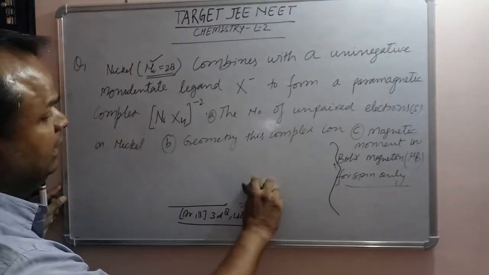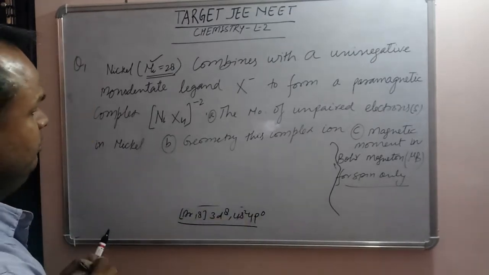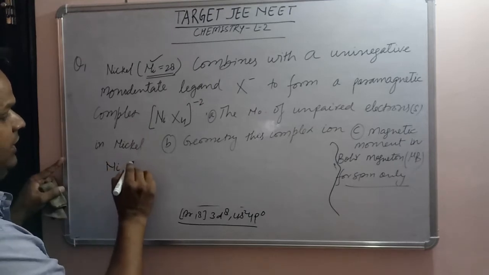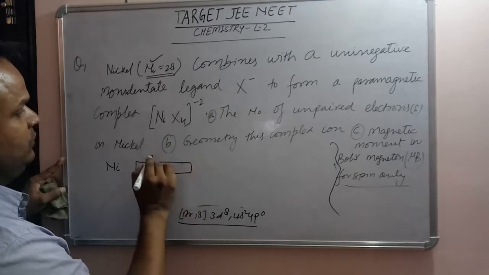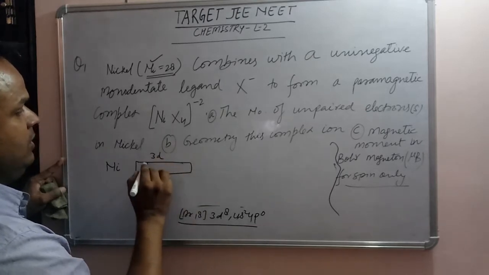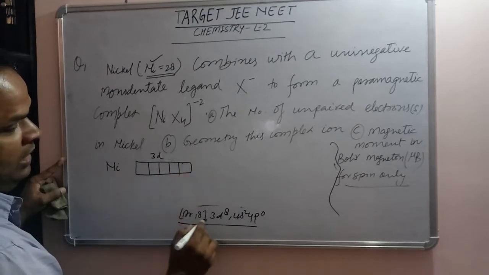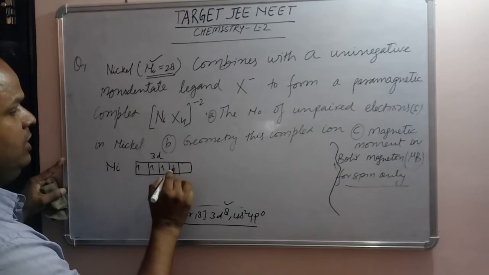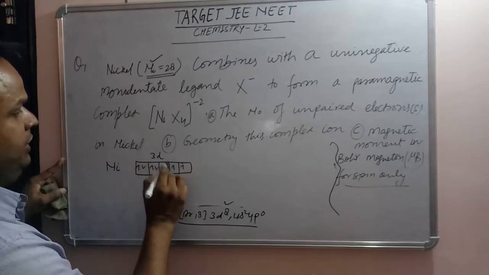Now once we write down the electronic configuration, we go to its orbitals so that we can find out how many unpaired electrons are there. So for Ni, the 3d orbital has 8 electrons, 1 2 3 4 5 6 7 8.